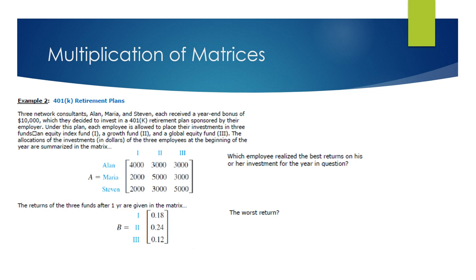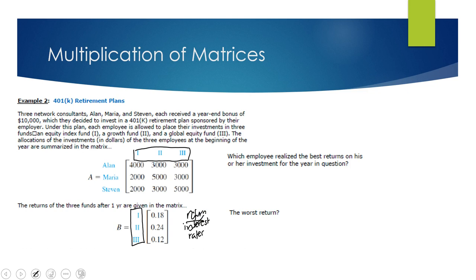Notice that these column headings and these row headings are the same thing, because these are the interest rates or return rates for those 3 accounts.